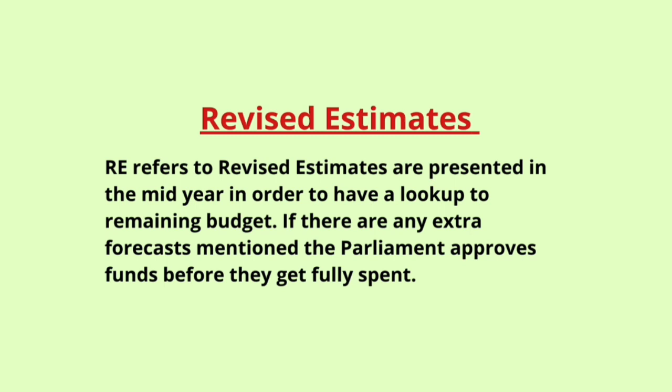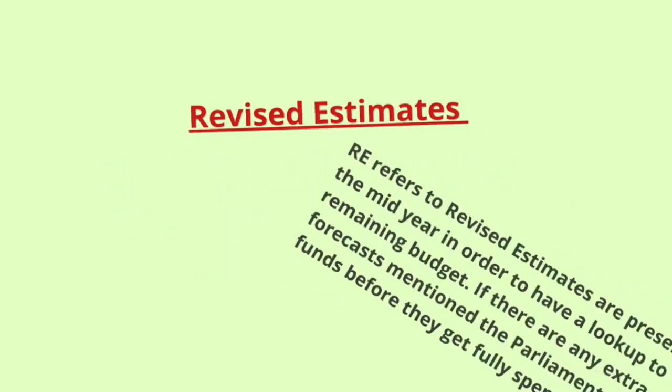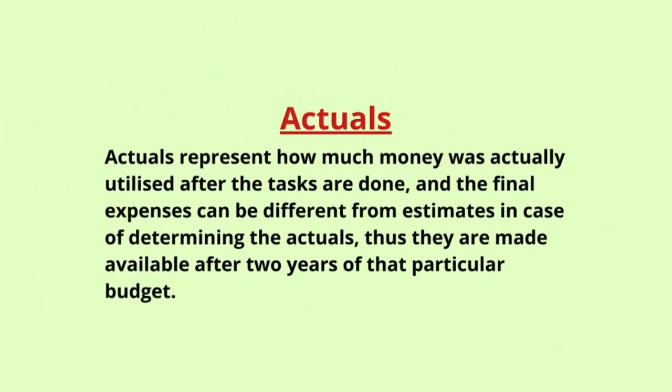If there are any extra forecasts mentioned, the Parliament approves funds before they get fully spent. Actuals. Actuals represent how much money was actually utilized after the tasks are done, and the final expenses can be different from estimates. Thus, they are made available after 2 years of that particular budget.